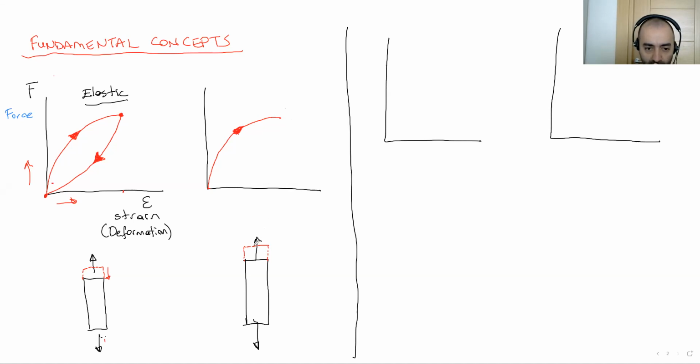So what I see here in this member, when I reduce the force, this increased length reduced to this level. But at the end, when I make my force 0, I have this deformation.